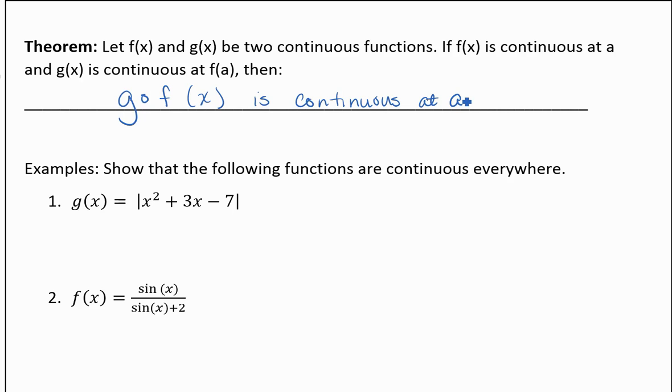So, for example, here it says show that the following functions are continuous everywhere. Well, we have g of x is the absolute value of x squared plus 3x minus 7.